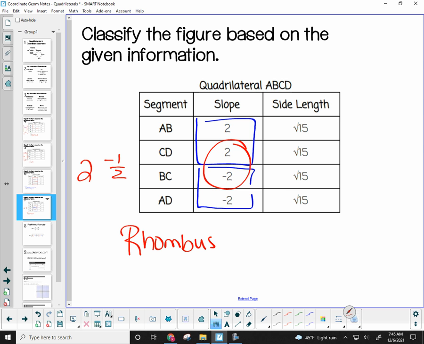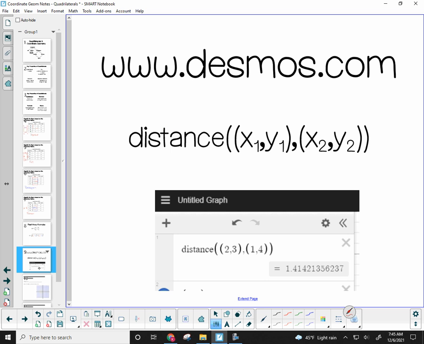Okay, so I'm going to teach you how to do it on Desmos. So if you have your Chromebook or sit next to someone who has a Chromebook, pull it out. And I want you to go to desmos.com.